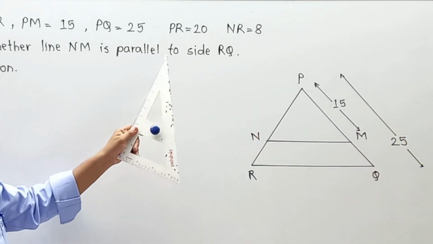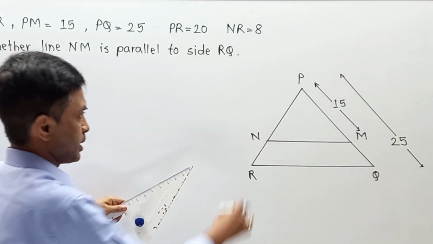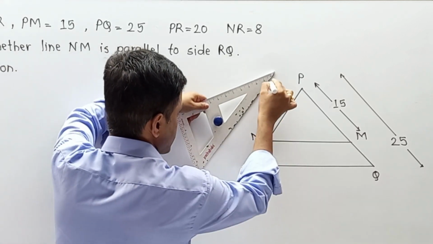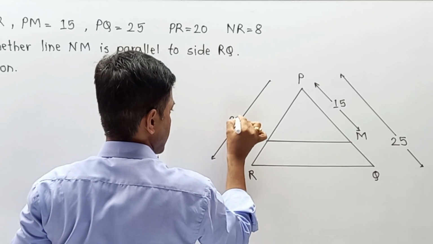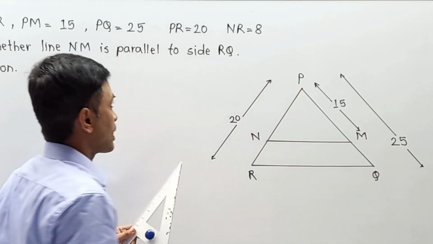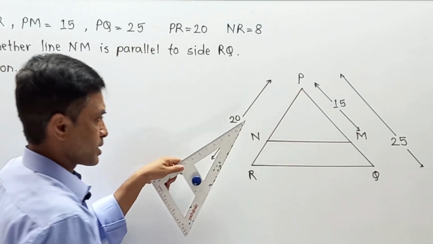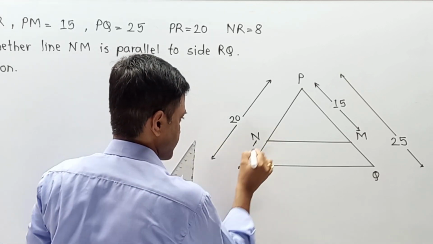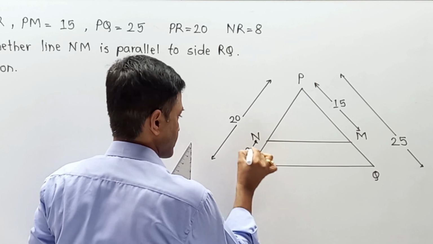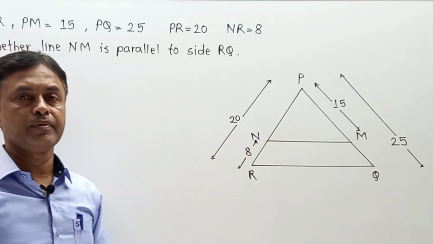Next, they have given PR is equal to 20, this total distance they have given 20. And they have given NR as 8. This is the data available with us.